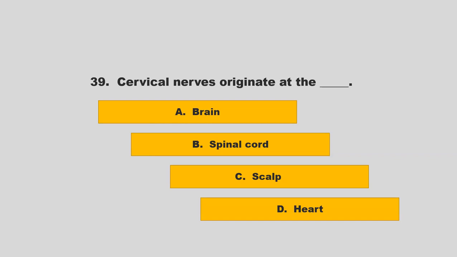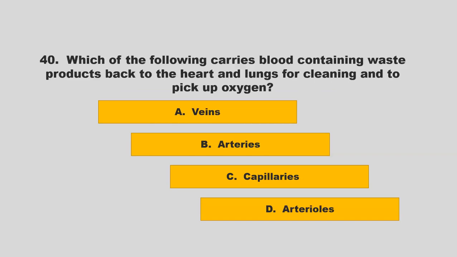Cervical nerves originate at the brain, spinal cord, scalp, heart. If you chose B, spinal cord, you are correct.